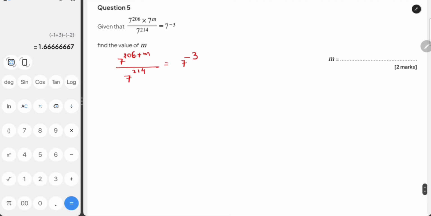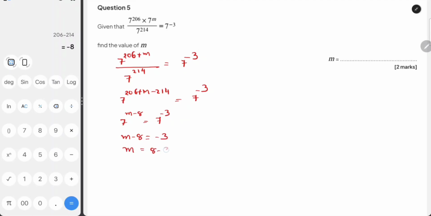Now in division we subtract the powers, so 7 raised to 206 plus m minus 214 is equal to 7 raised to minus 3, which can be simplified as, I'll use a calculator, 206 minus 214, that's minus 8. So 7 raised to m minus 8 is equal to 7 raised to minus 3. Both the bases are the same, so powers must be the same, so m minus 8 must be equal to minus 3, so m is equal to 8 minus 3, m is equal to 5. So the final answer is m is equal to 5.